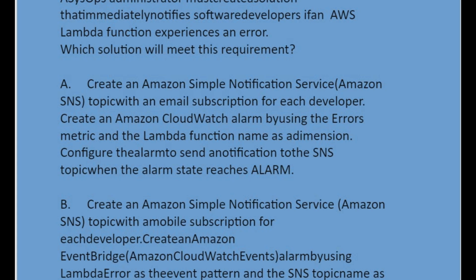Create an Amazon CloudWatch alarm by using the errors metric and the Lambda function name as a dimension. Configure the alarm to send a notification to the SNS topic when the alarm state reaches alarm.